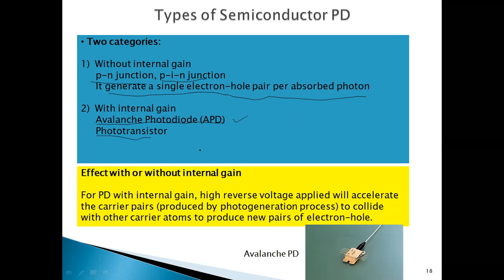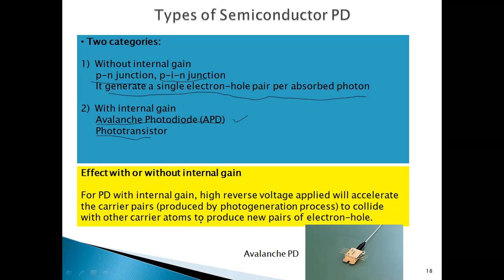But for the photodiode with internal gain, a high reverse bias voltage is applied. This will accelerate the carrier pairs, the electron-holes, which were produced by the photogeneration process.